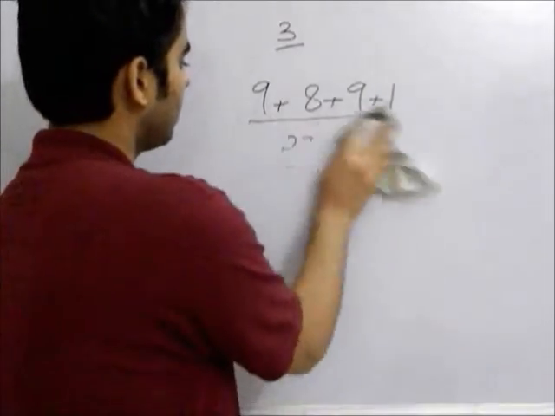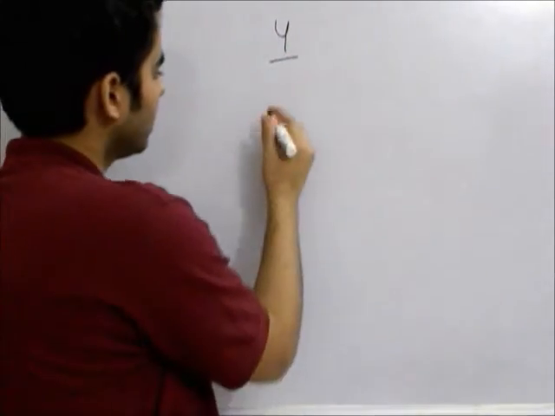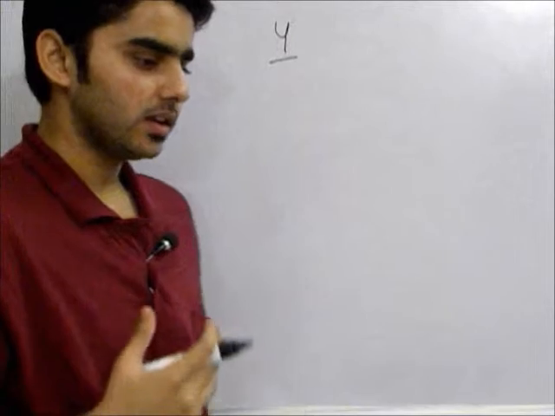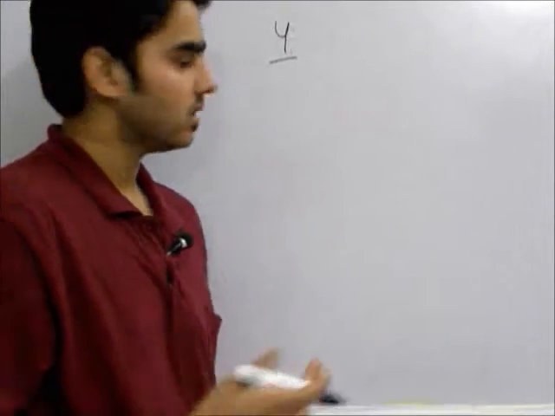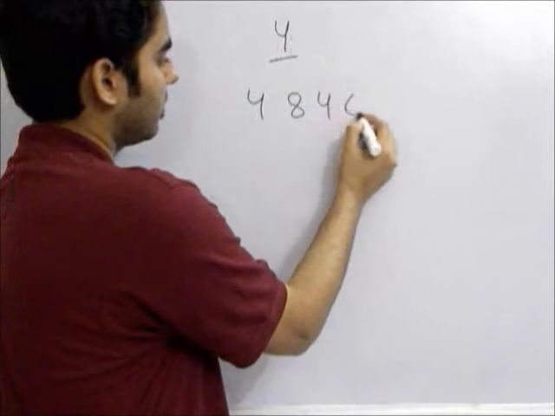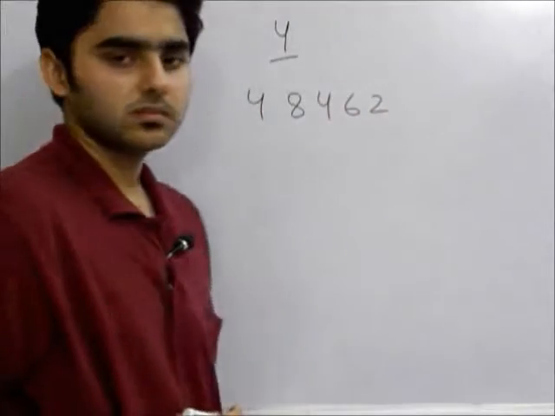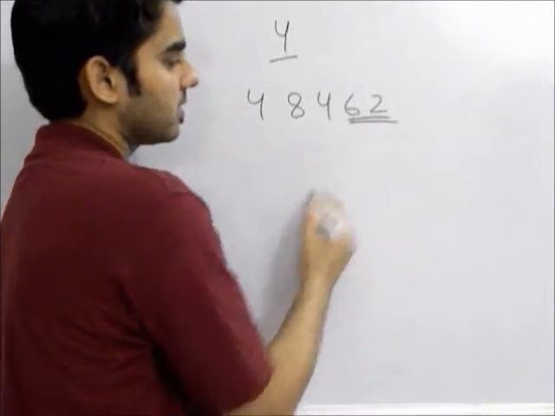Okay, so what about 4? In the case of 4, we have to consider the last 2 digits of a number. For example, if the number is 48462, we will just consider these two digits.